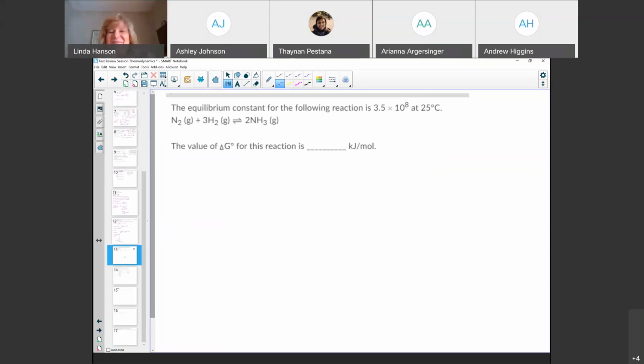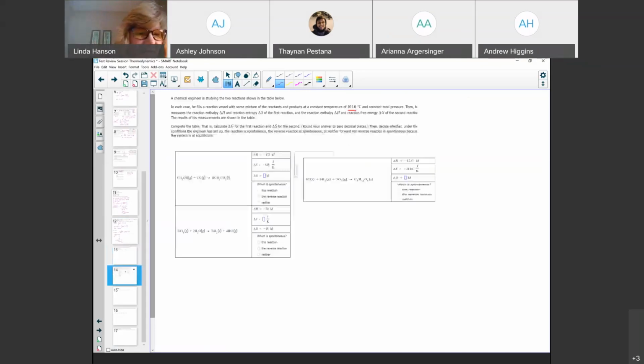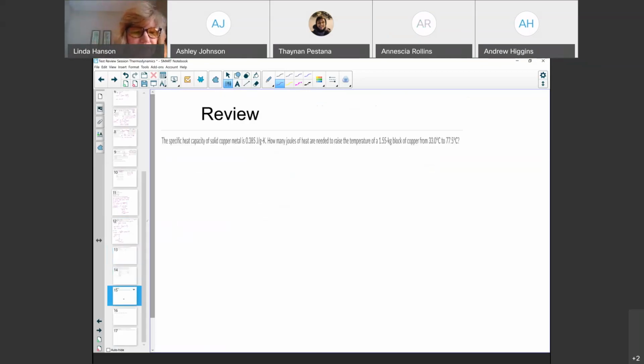I was wondering if we could do calculating the delta G using Hess's law. Could we go over that? Certainly. I don't know if I have one made.